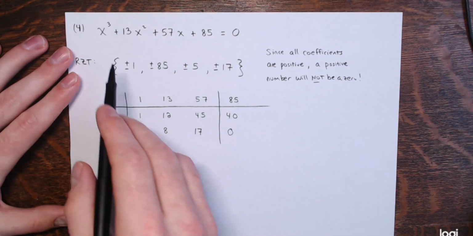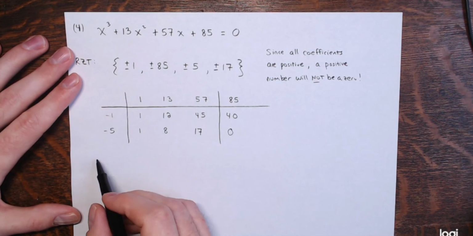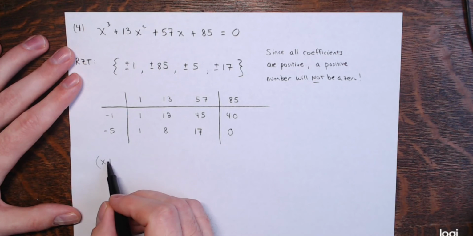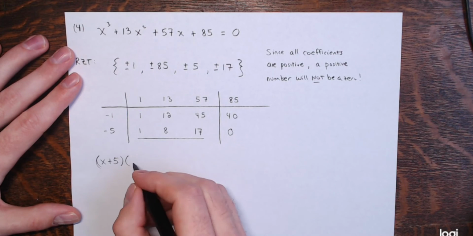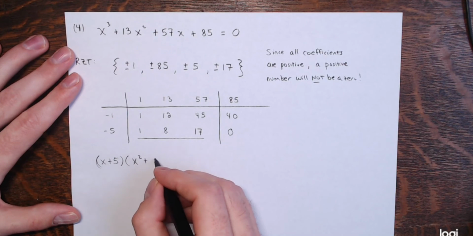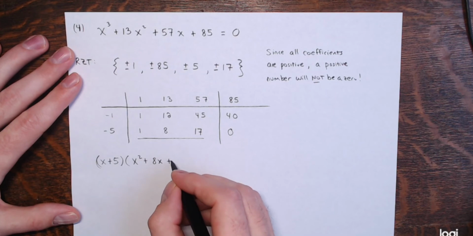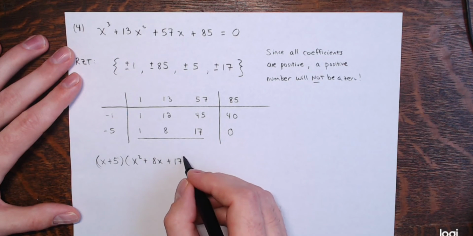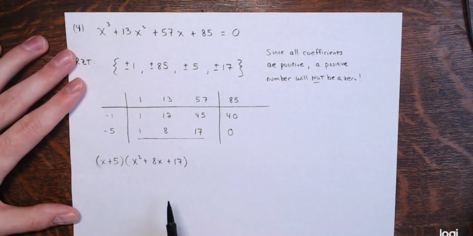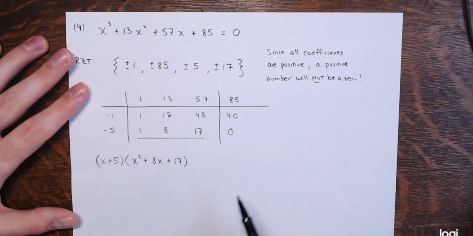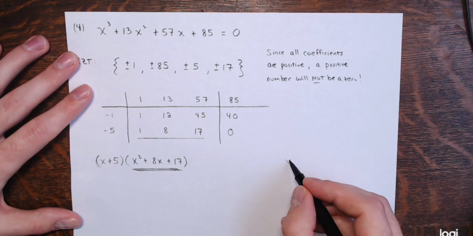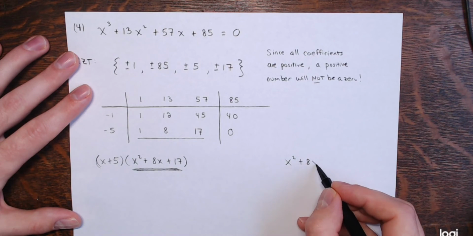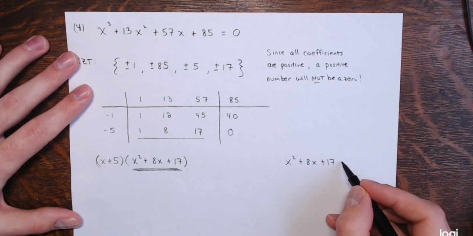This degree 3 polynomial now factors to x plus 5, since negative 5 is a 0, times, and then these numbers here represent a degree 2, x squared plus 8x plus 17, which is not factorable. So now I'm trying to find the zeros of this degree 2. So when it is off to the side here, when is x squared plus 8x plus 17 equal to 0?